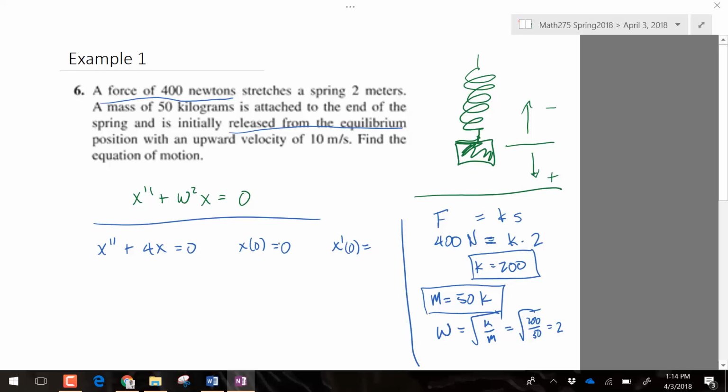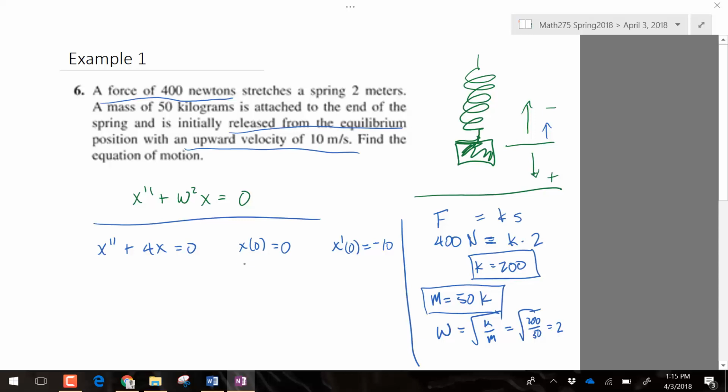And then they give this an upward velocity of 10 meters per second. So your x prime will be 10. Should it be 10? Yeah, the upward direction is negative, the downward direction is positive.